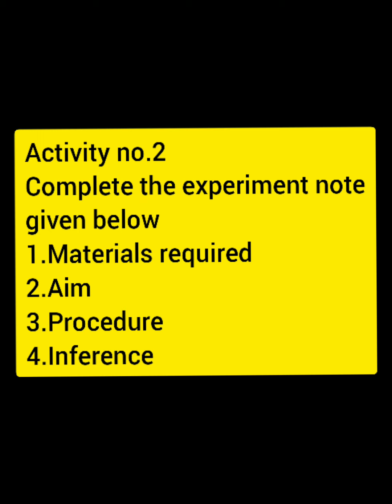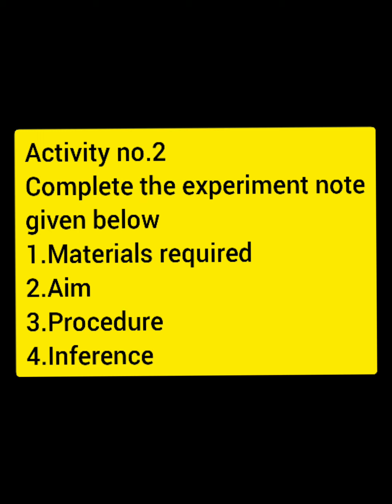What is the aim of this experiment? It is to find out the substances which are soluble in water and the substances which are insoluble in water. Next is procedure. You should write the procedure that you have done to perform this experiment. Next one is inference.